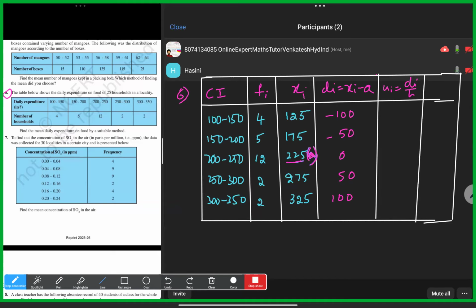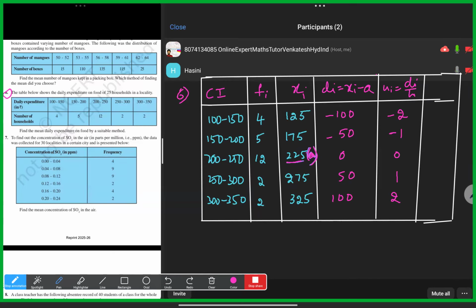The class size h is 50, so we divide by 50. Minus 100 by 50 is minus 2. Minus 50 by 50 is minus 1. Zero. Then 50 by 50 is 1, and 100 by 50 is 2.